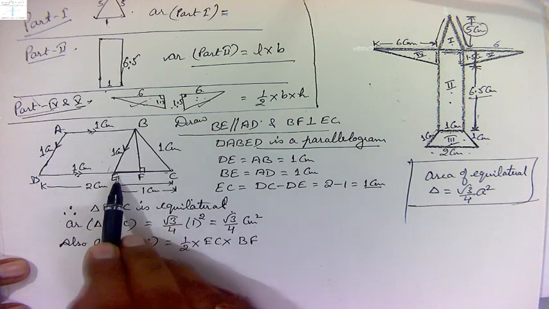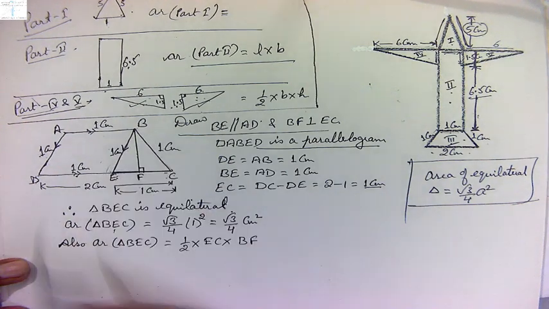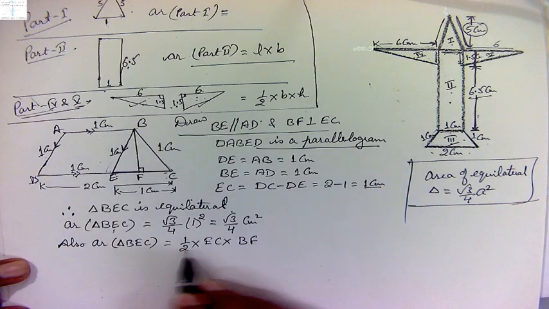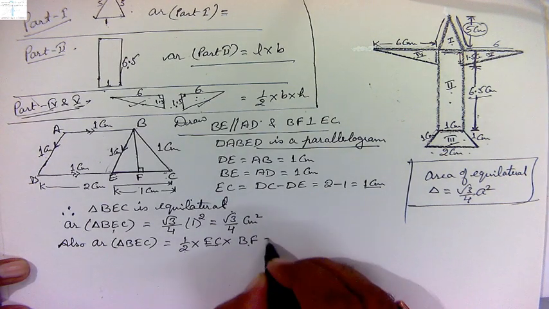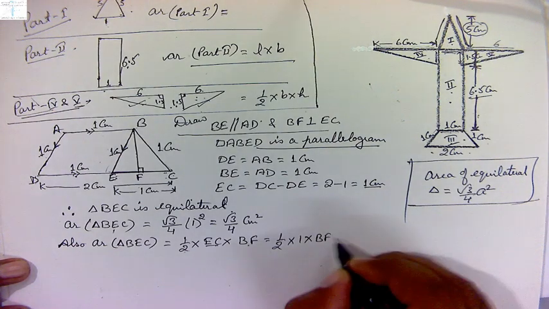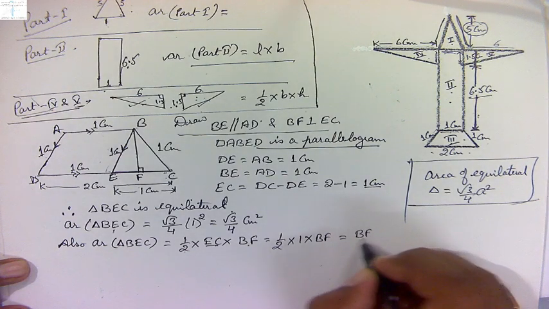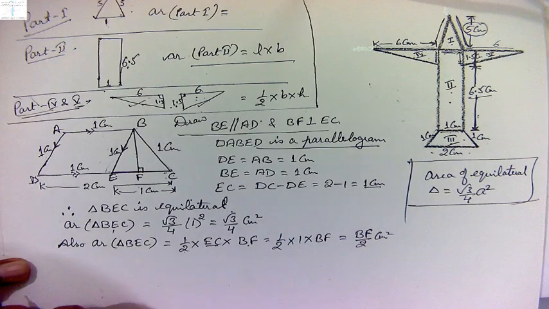If this is the altitude, then EC becomes the base. So the area of this triangle can also be taken as half EC into BF. Now EC we know that it is 1. So half multiply 1 multiply BF, it means the area is BF upon 2 centimeter squared.